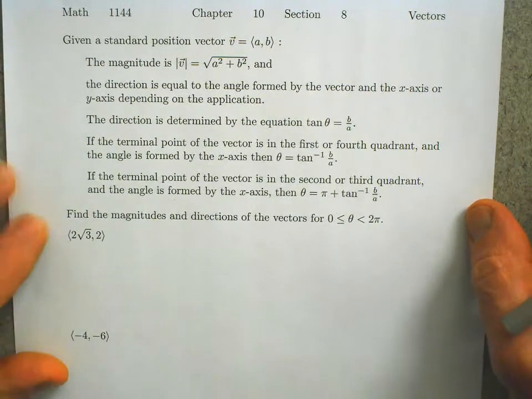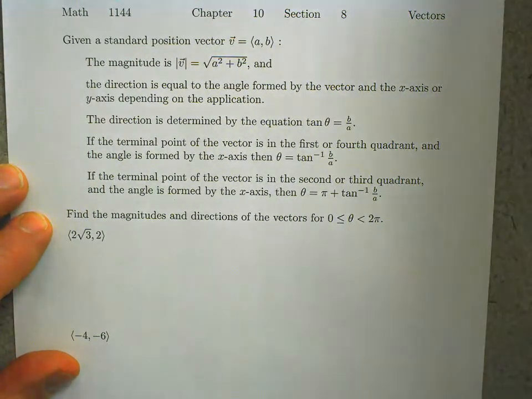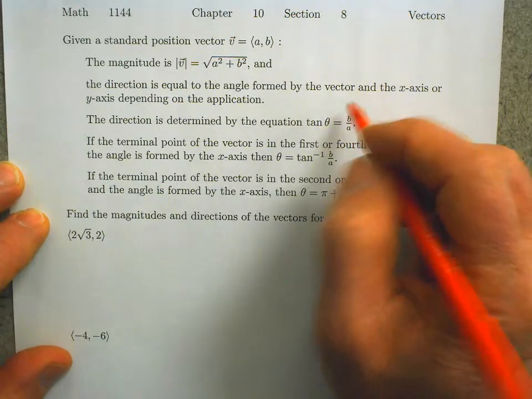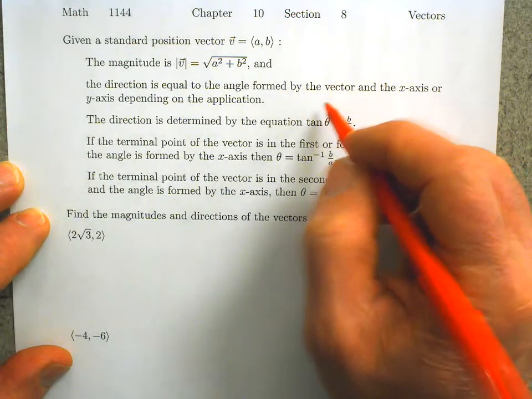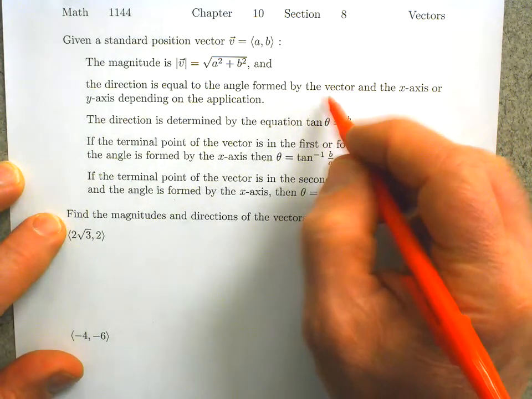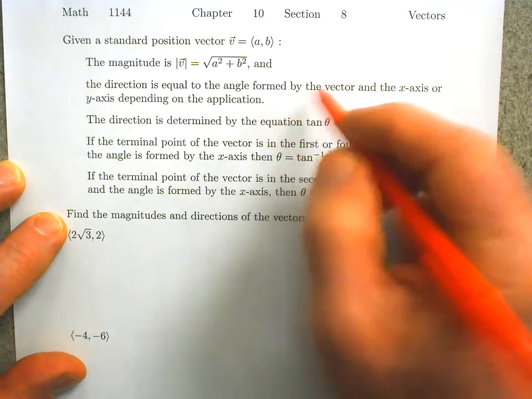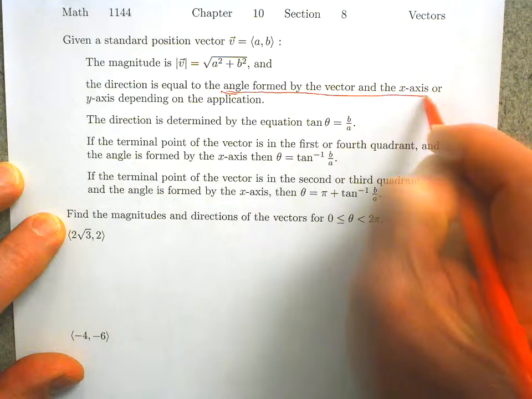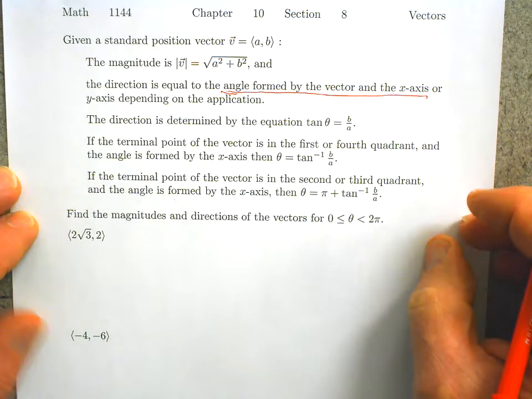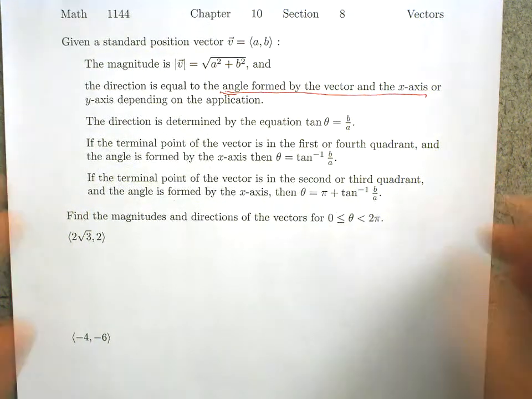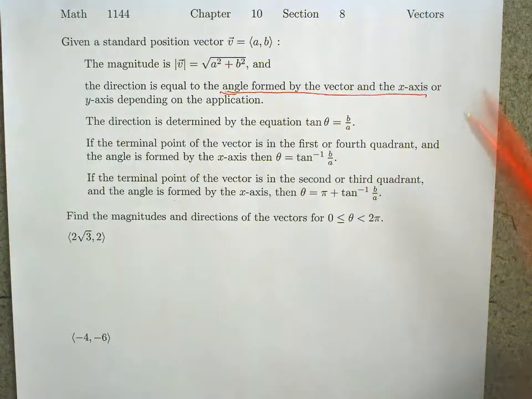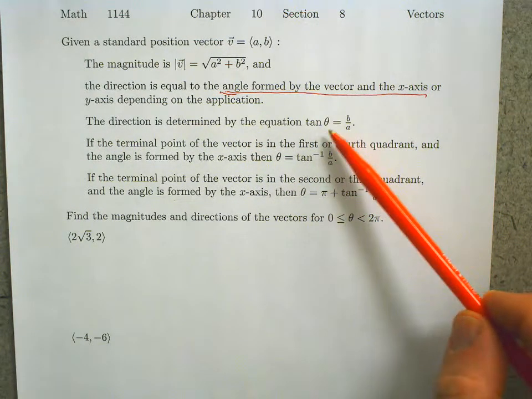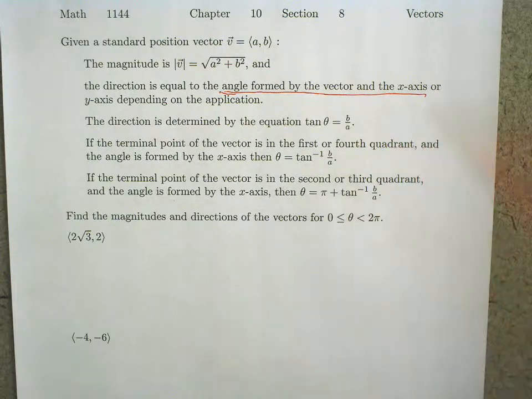For our purposes, we're always going to form our angles with the x-axis because we're more familiar with that for now. The direction is determined by the equation tangent of theta equals b over a.